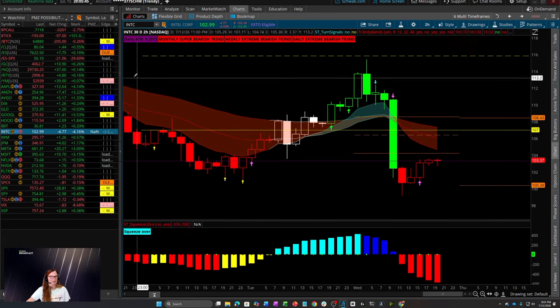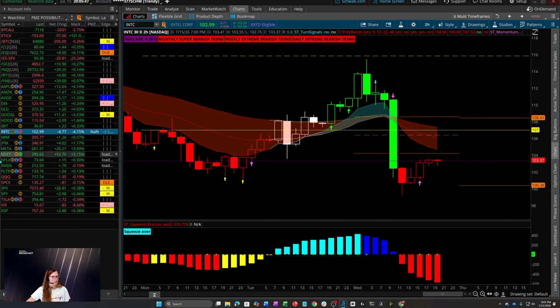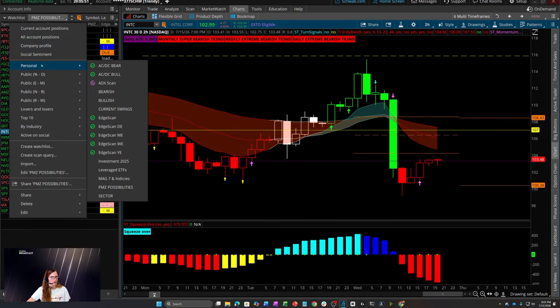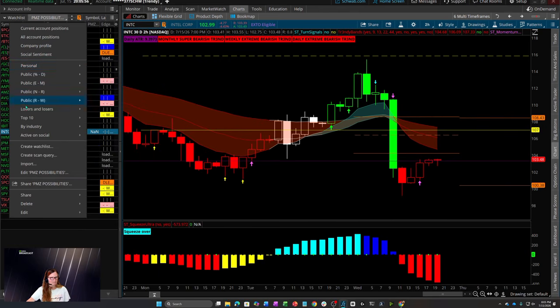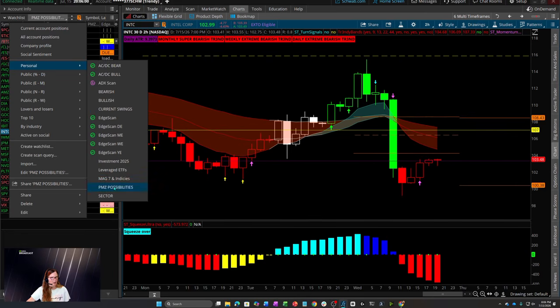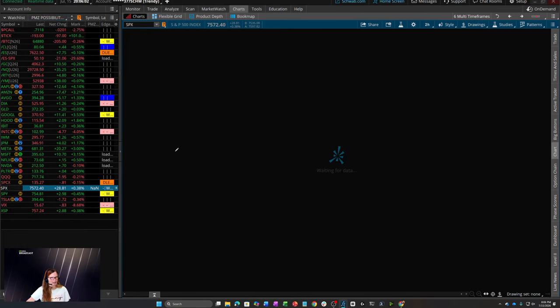That's one thing I didn't show you. So let me pull up a recent or just a hypothetical trade on SPX.